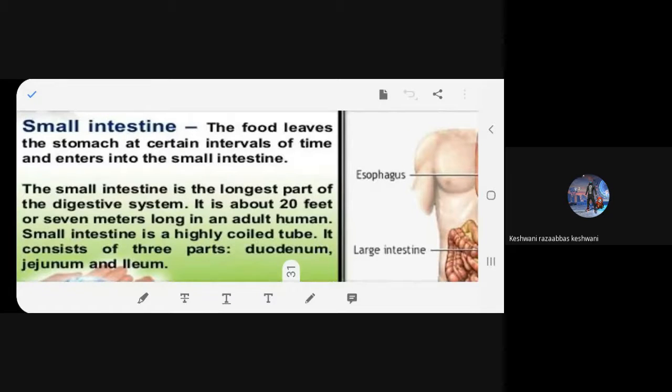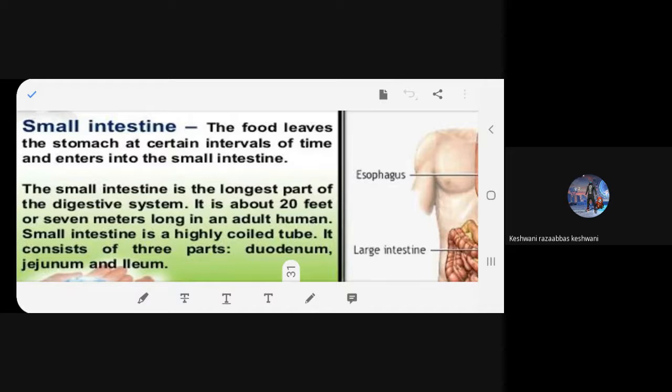The food leaves the stomach at certain intervals of time and enters into the small intestine. After the food is churned in the stomach and mixed with the HCl acid and the enzymes produced by the stomach wall, the next place to go to is the small intestine. Is it clear? So it enters into the small intestine.